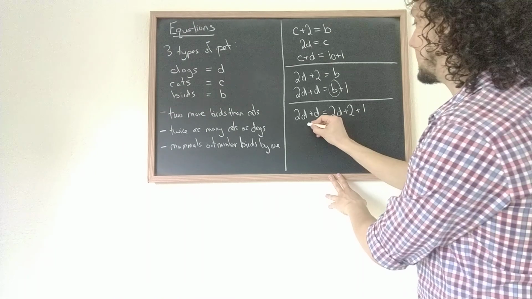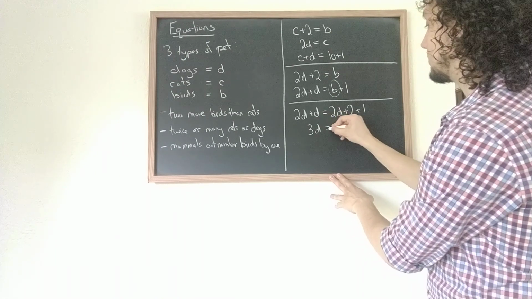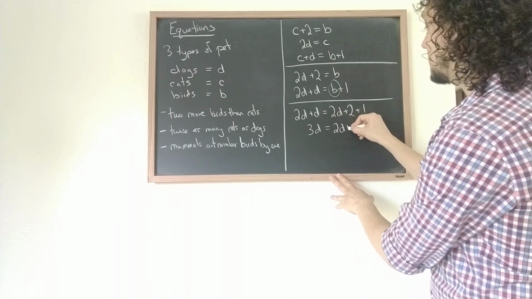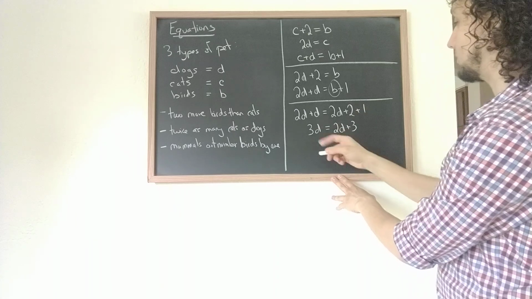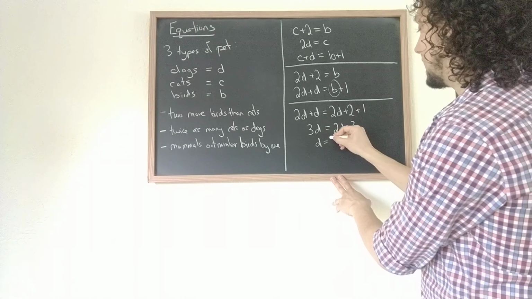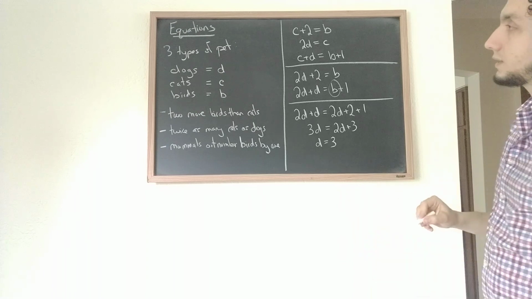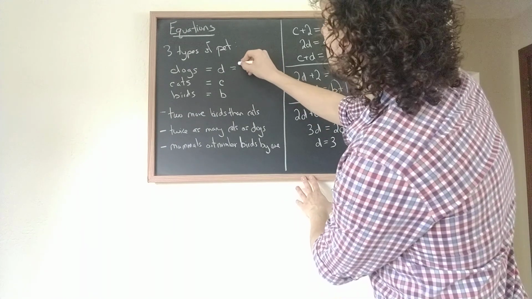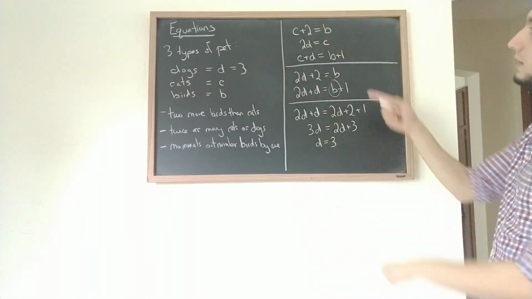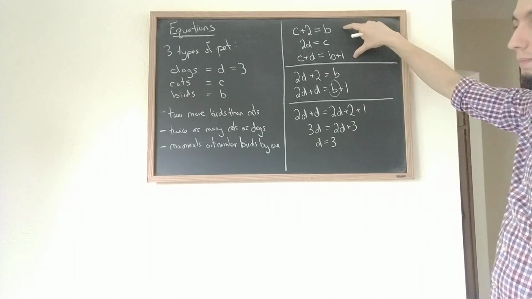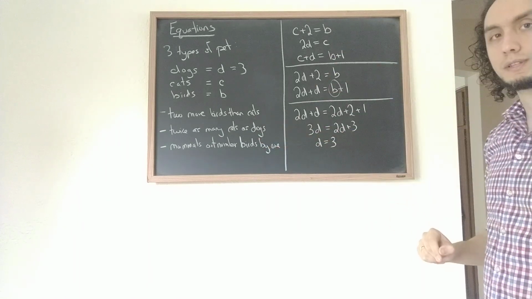Now if I simplify a bit, I get on the left-hand side 3D equals 2D plus 3, and subtract 2D from both sides, and I get D equals 3. So the number of dogs must be 3. It just follows from these three constraints up here, which are the mathematical translations of these three constraints.